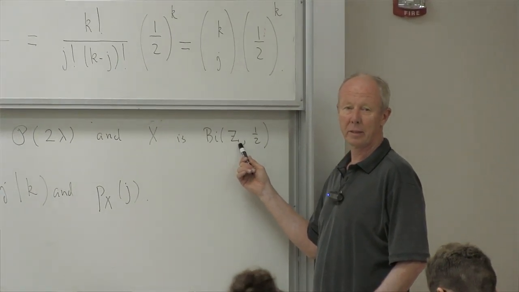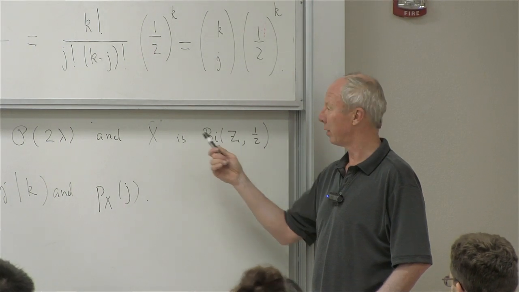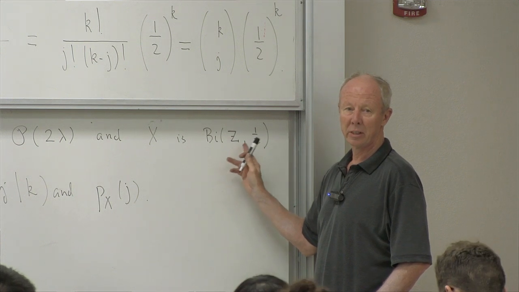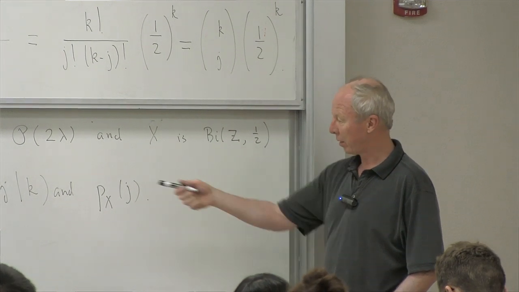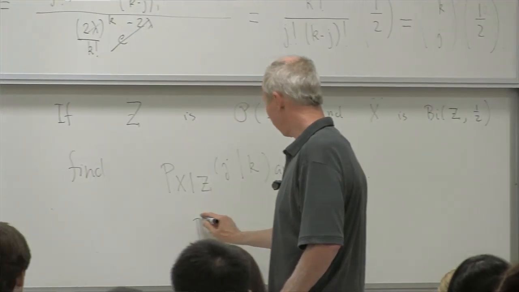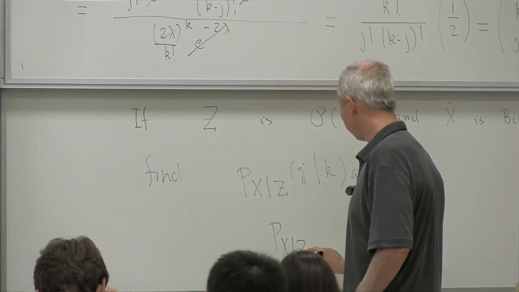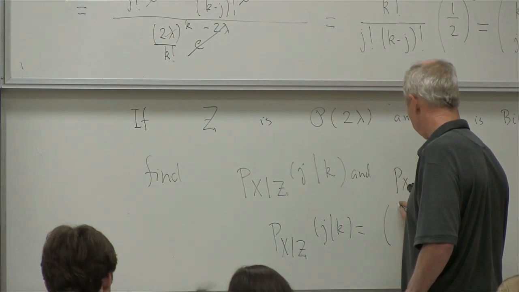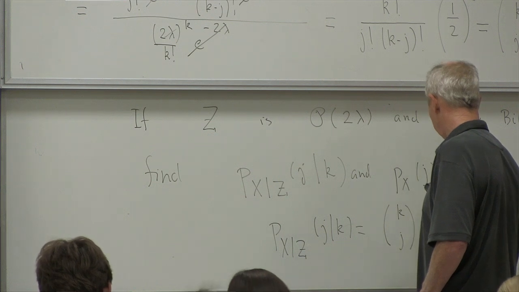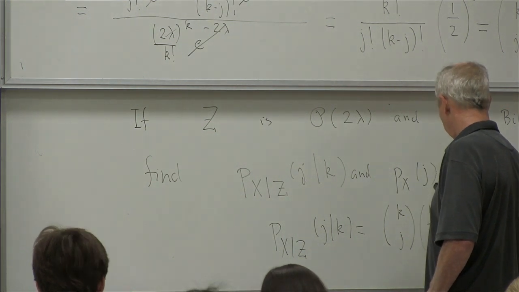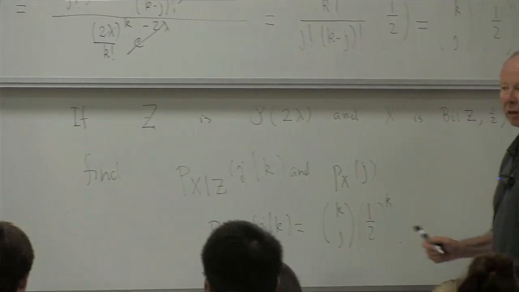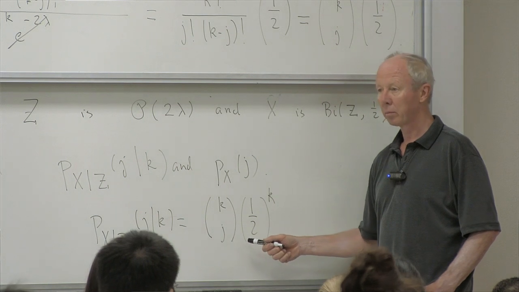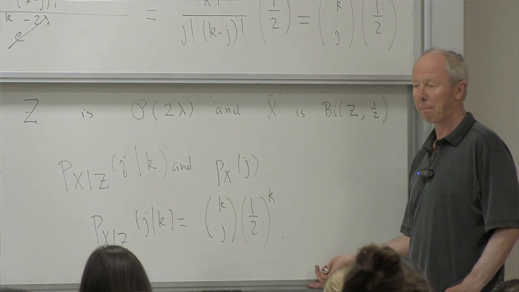It gives you some non-negative integer value. And then given z, x is binomial with parameter z and a half. So one way to rewrite that statement in the form of conditional PMFs is this. If you're given the value of z, the value of z is k, then x is binomial with parameter k and a half.